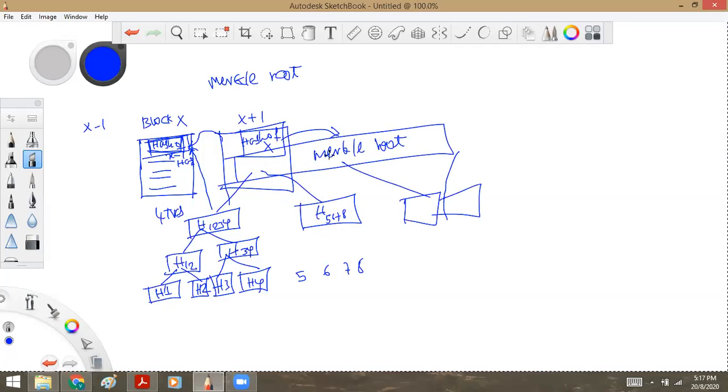At a given point of time everything is binarily split, 2 2 2 2 2 2 and so on. So this is how a huge data tree structure is created in blockchain. So Merkle root is calculated.